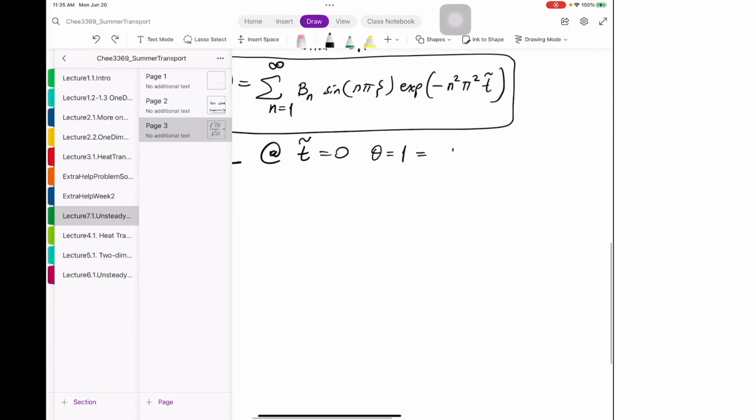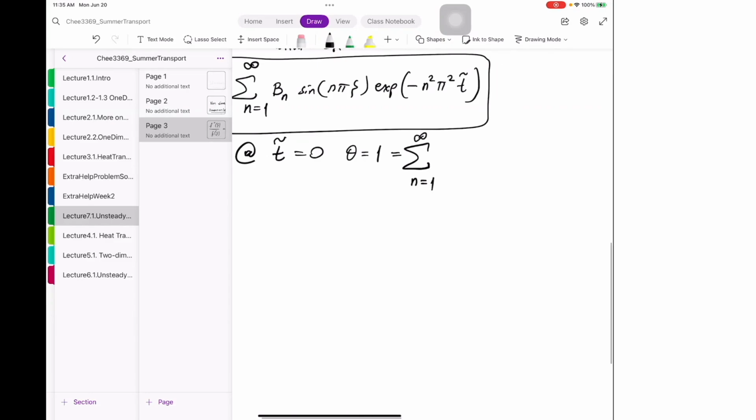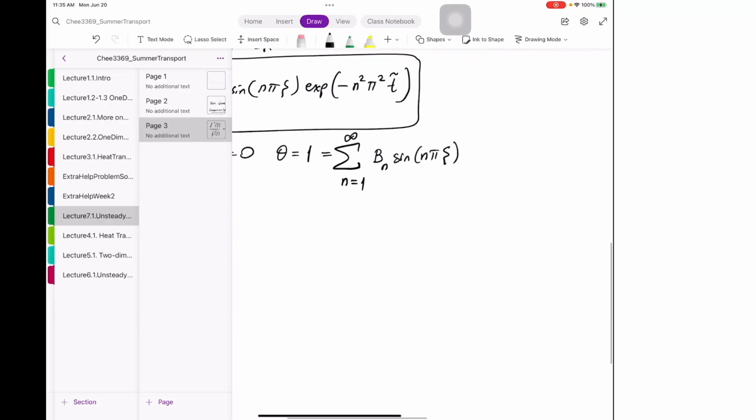It becomes the sum over n from 1 to infinity of Bn sine of n pi xi times exponential of minus 0, which is 1.